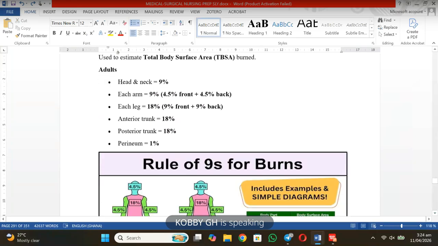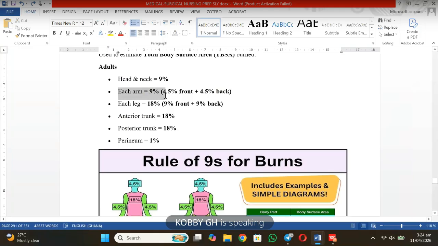Now, each arm is also 9%. That means the anterior arm alone is 4.5% and the posterior arm is also 4.5%. So if the examiner tells you that a patient has suffered a burn of the right arm alone, it's 9%.